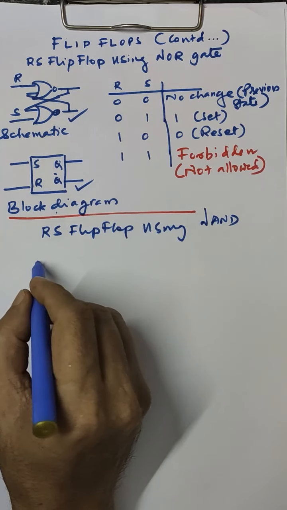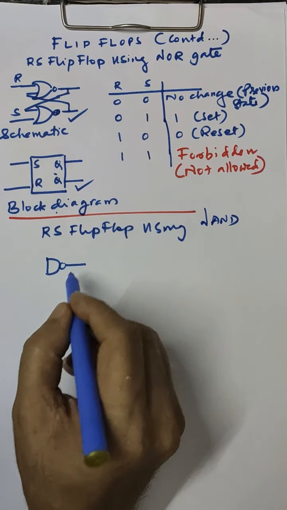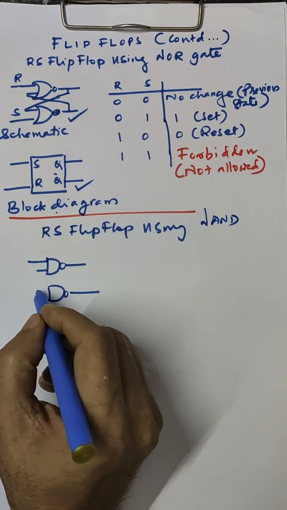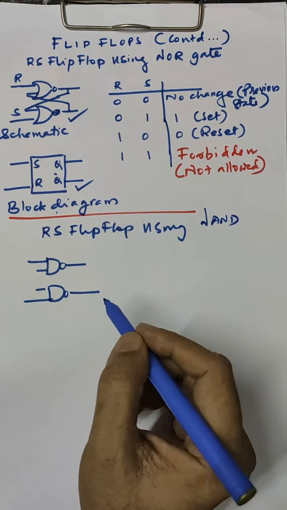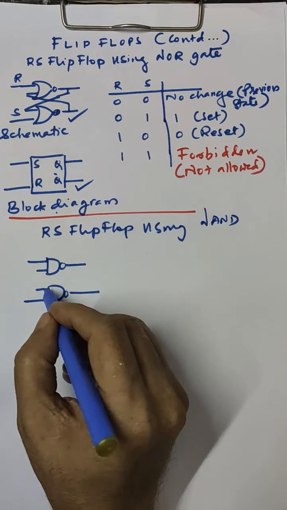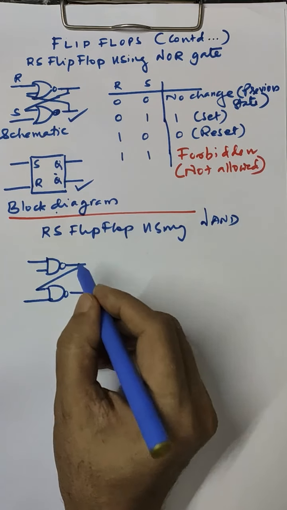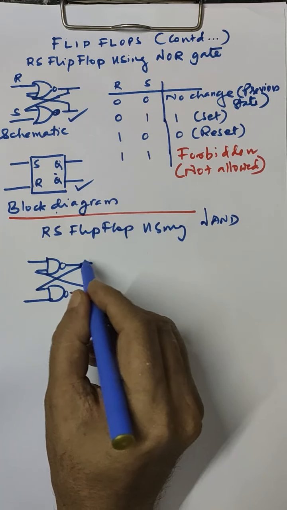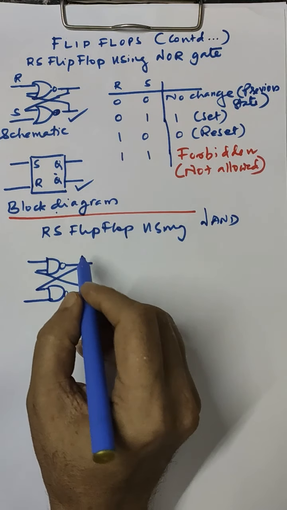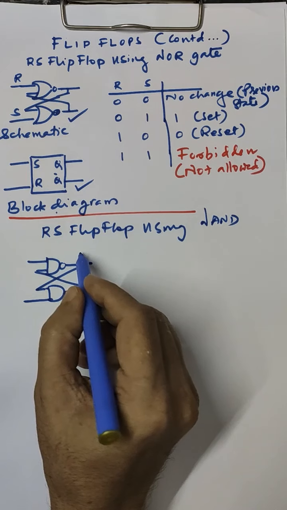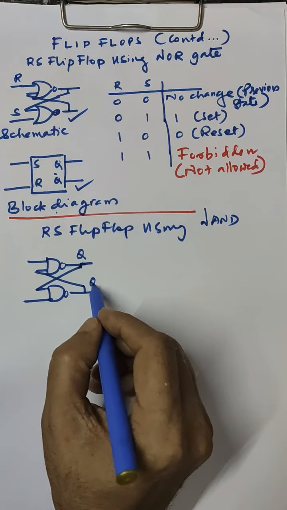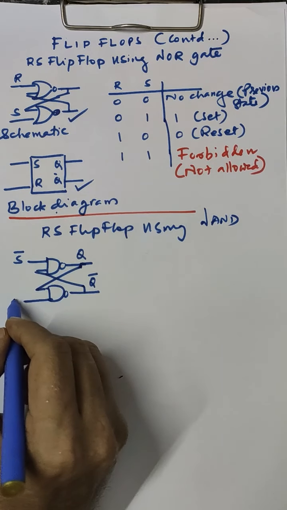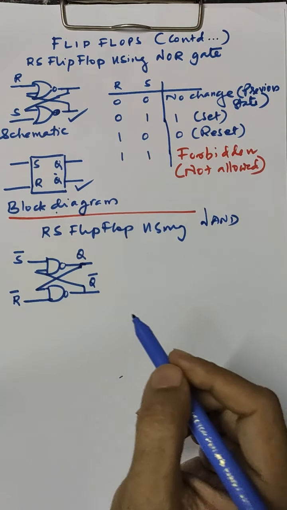You take two two-input NAND gates. One of the inputs of each gate is connected to the output of the other logic gate. So we can represent this as Q and Q bar. This is known as S bar and R bar.